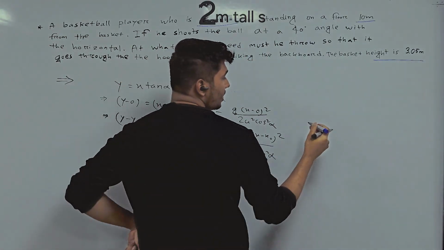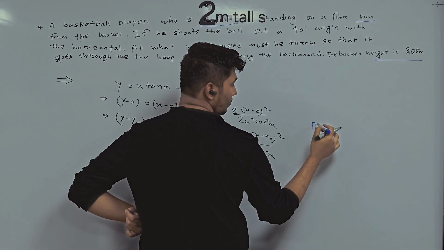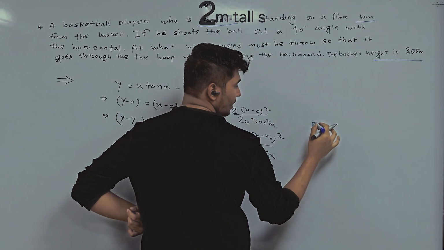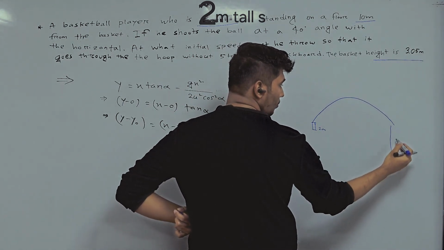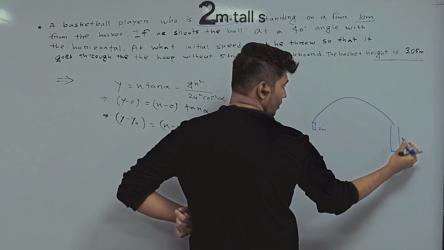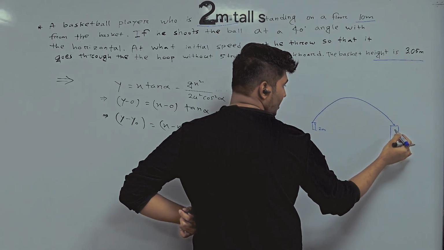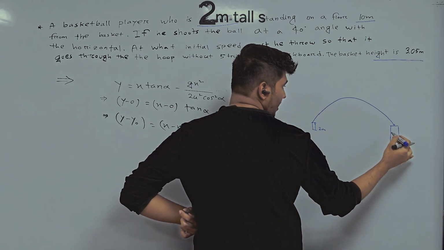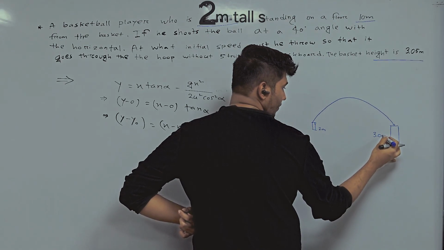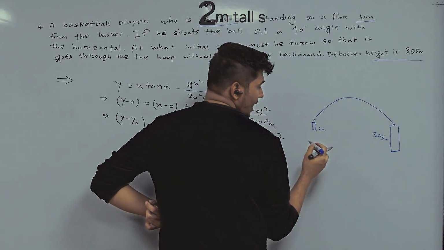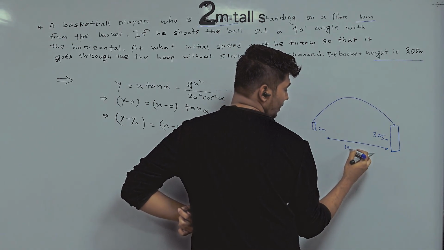If I draw the scenario, it will be like a 2 meter tall guy is here, whose height is 2 meter. He throws the projectile, which will land in the basket, but the height here is 3.05 meter. And the horizontal distance is 10 meter.